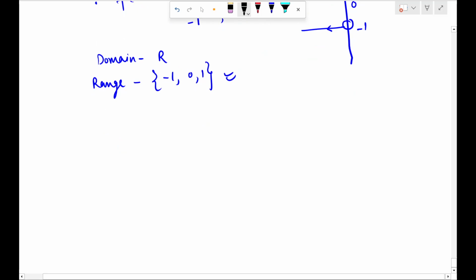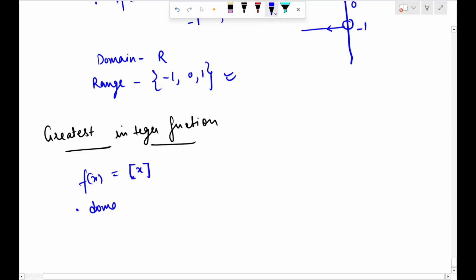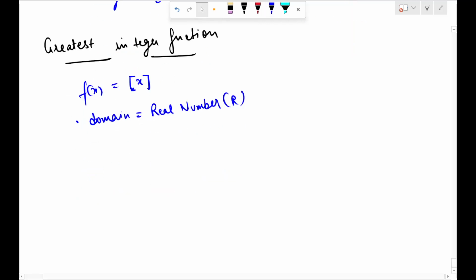Next we have the greatest integer function. It is denoted by x in square brackets, and its domain is all real numbers, and its range is integers.